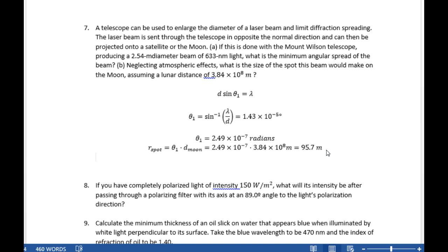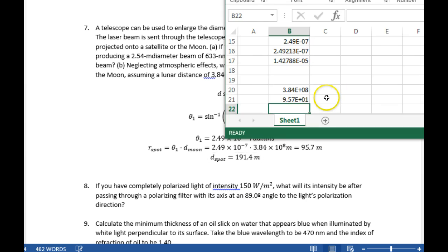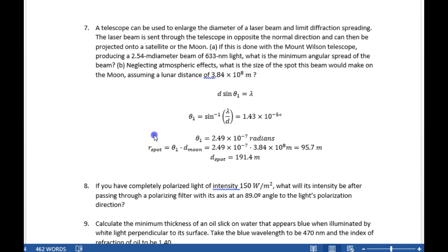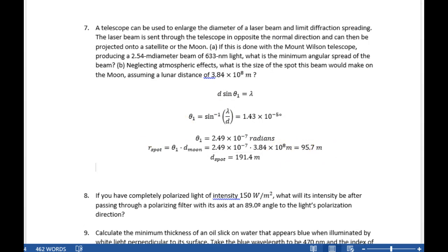And if you want the size of the spot, people usually think in terms of diameter, and that would be 191.4 meters. 191.4 meters is the size of the spot on the moon.